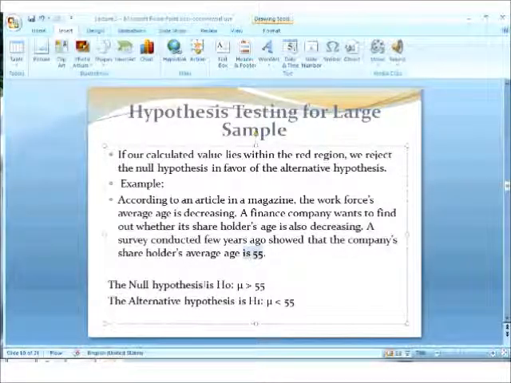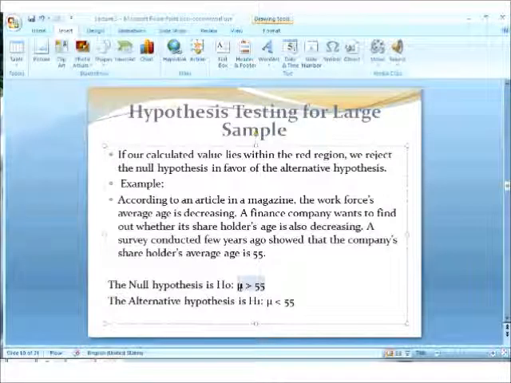So then the null hypothesis, their null assumption or the basic assumption, they are saying that the mean average age of the workforce is greater than 55. That is what they are assuming. That is what they want to see, whether the mean age is greater than 55.